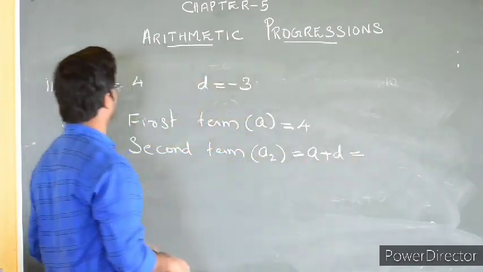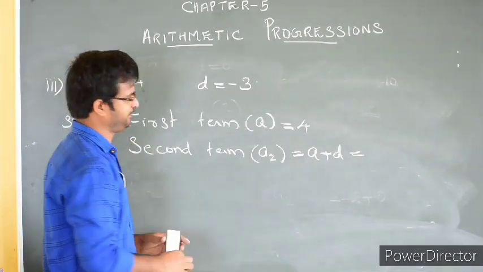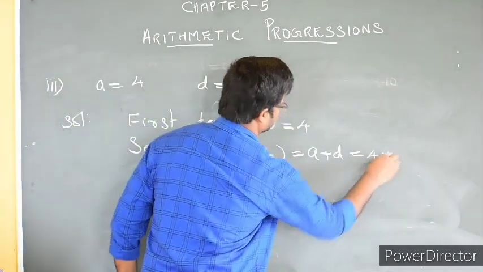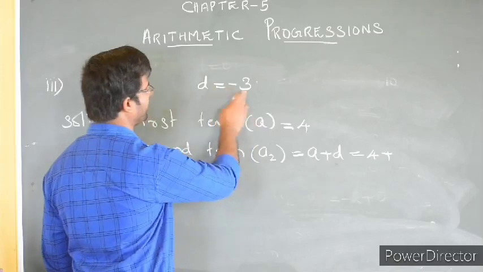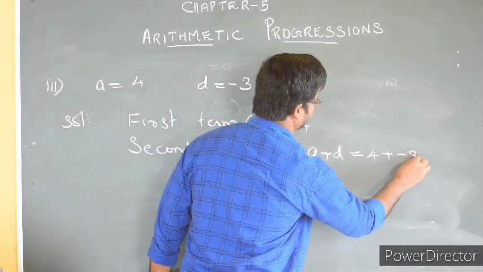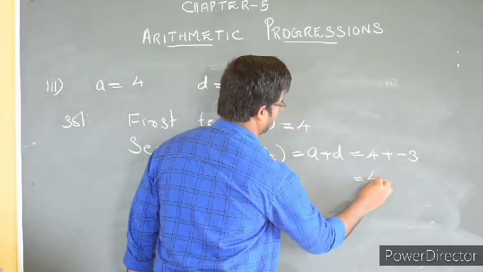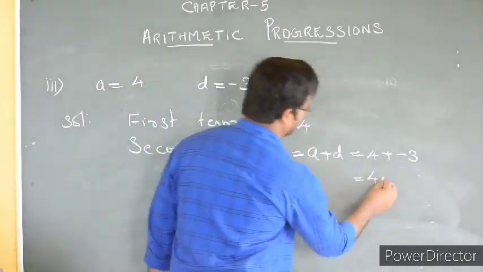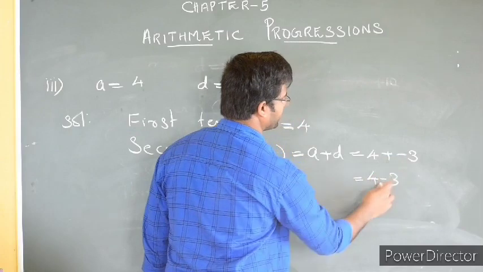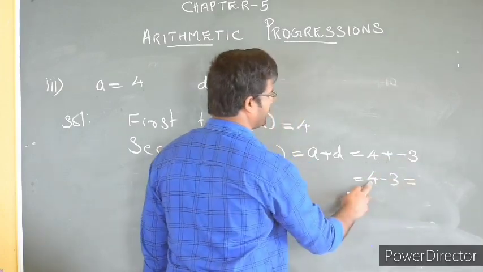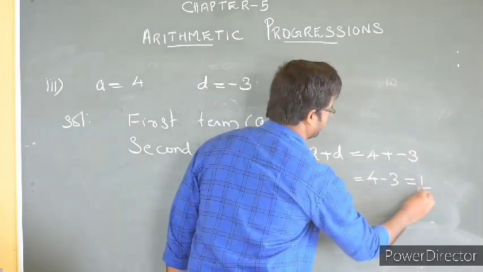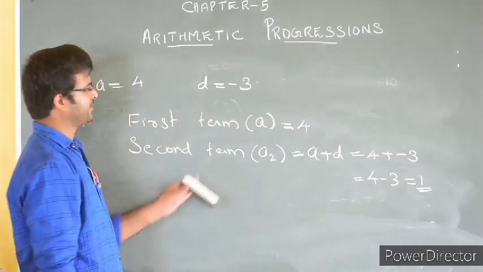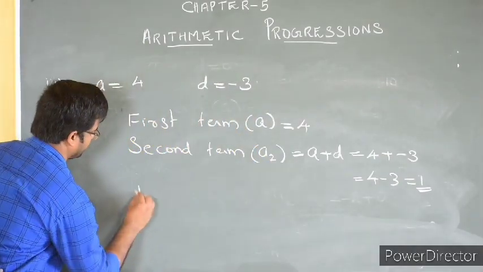A plus D. In here A means 4 plus D. D means minus 3, equal to 4 plus and minus together. Plus into minus is minus. Then you will get 4 minus 3 is 1. We got second term is 1.